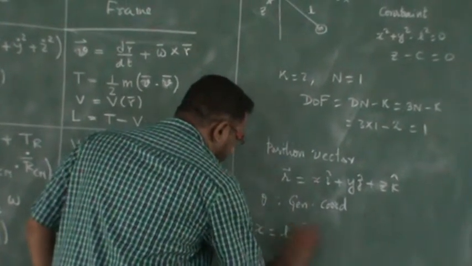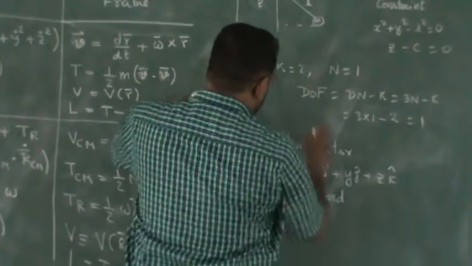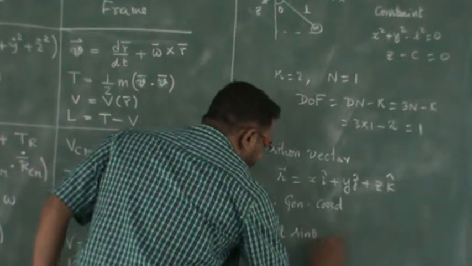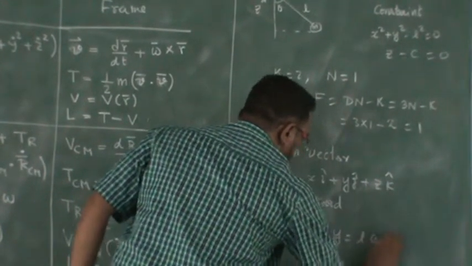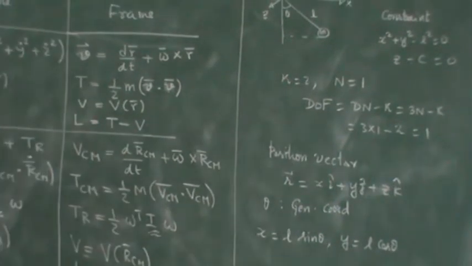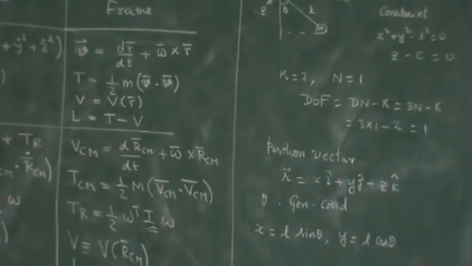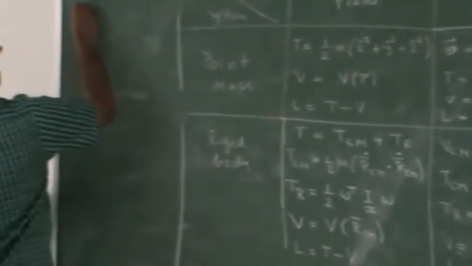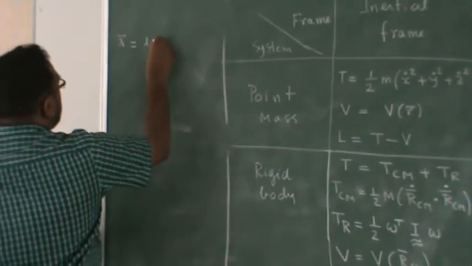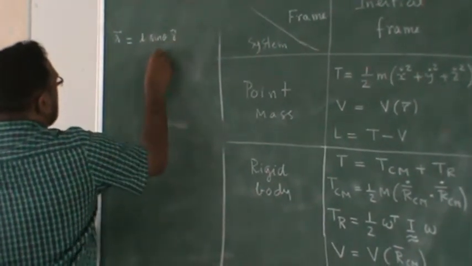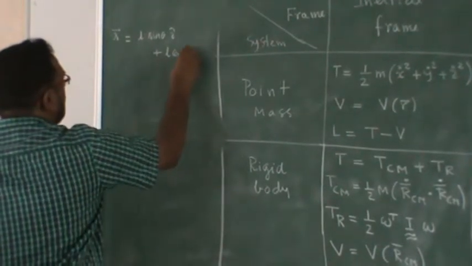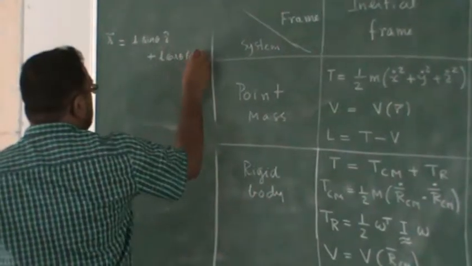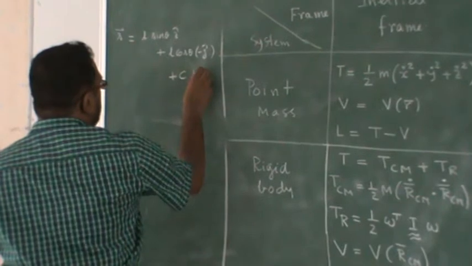From Cartesian to generalized coordinates, we write the transformation equations: x is equal to L sin theta, y is equal to L cos theta. Therefore, r is L sin theta i plus L cos theta along the negative j axis, that is minus j, plus some constant times k.